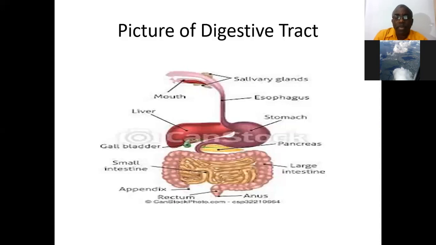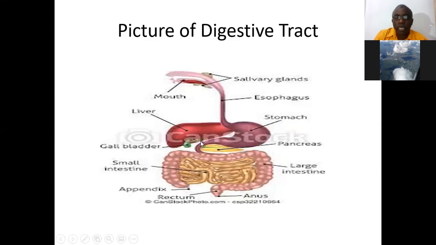We have a condition that we call diabetes. Sometimes, if you're a diabetic and another organ called the pancreas is not producing insulin, you will not be able to utilize some of the food that you eat, the sugar that you eat, to produce energy.